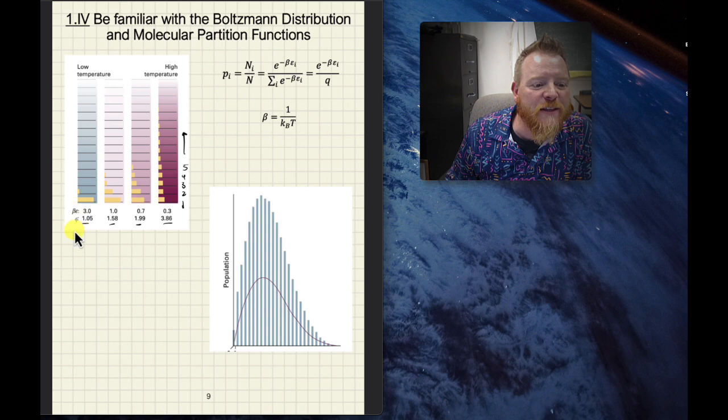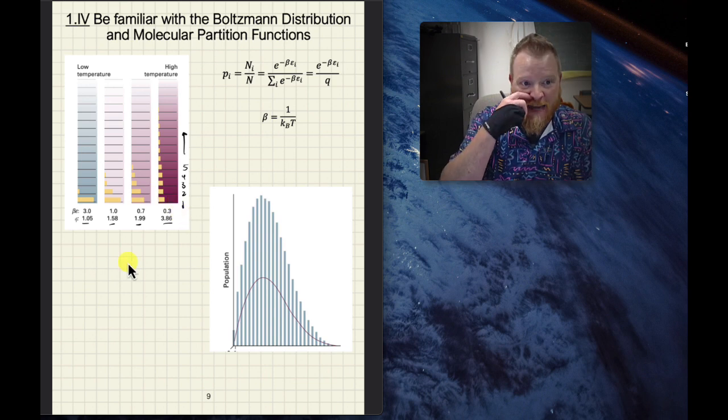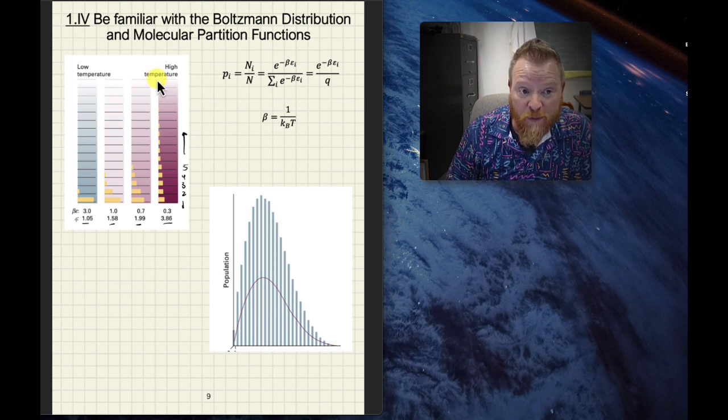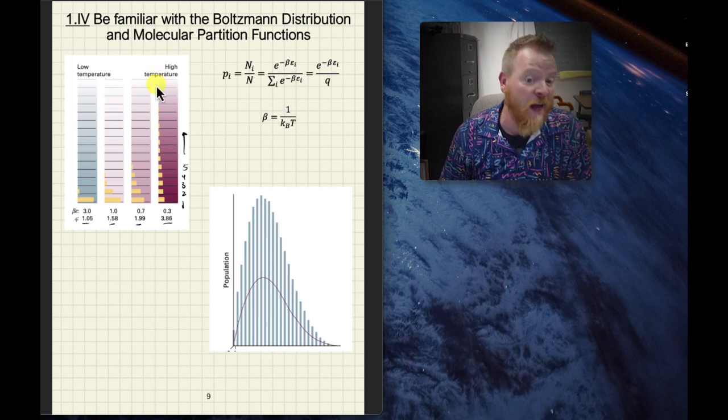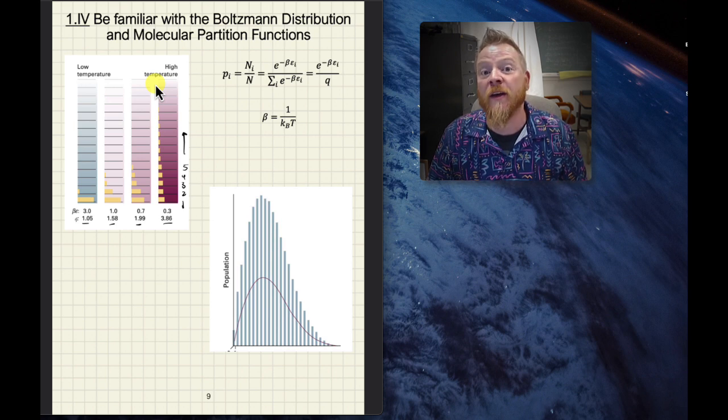And now we can see the value of beta times epsilon at those temperatures as well. And what we should recognize here is as the temperature gets higher, we get more population in the upper lying states, which is exactly what we saw in the 3 postulates we proposed.